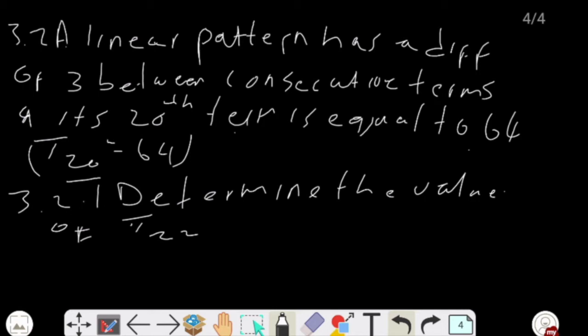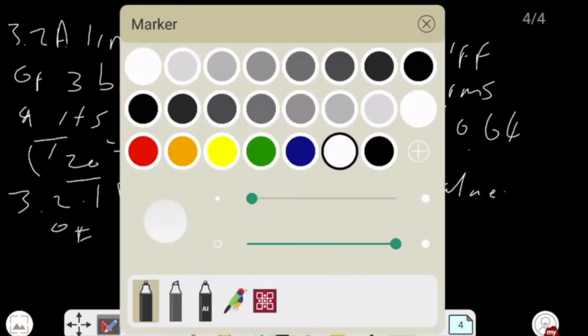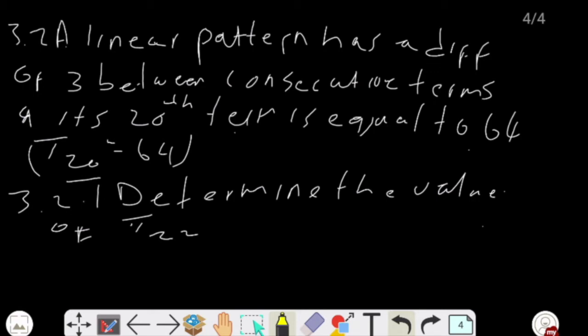But remember, you are given the difference between the terms, which is 3, and you are given T20 equals 64.